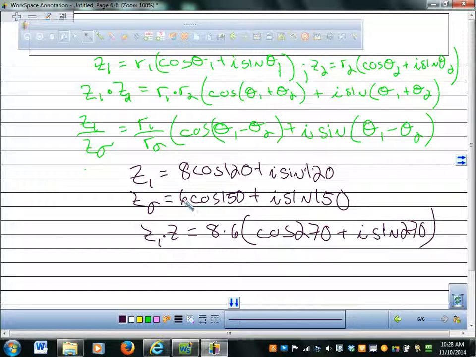So you multiply the moduli, and you add together the angles. And then you could simplify that as well.